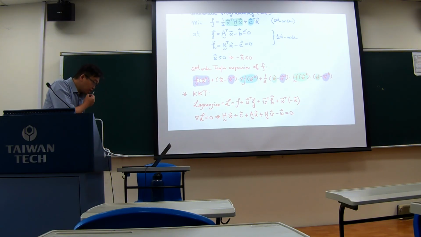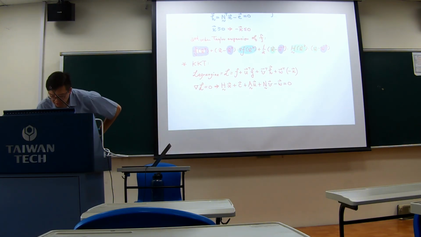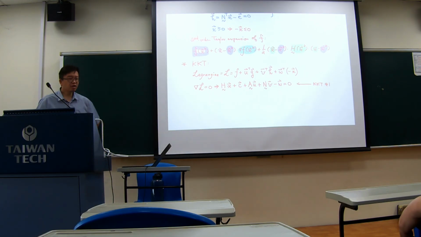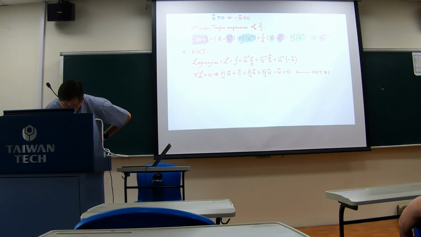Now, what do we do? So this is KKT rule number 1. For KKT rule number 2, the Lagrangian multiplier times your inequality constraint equals 0.